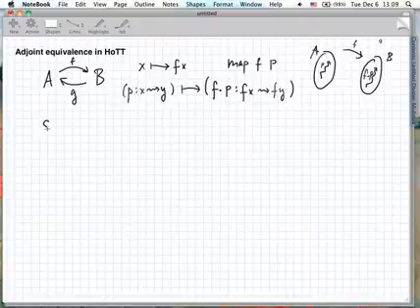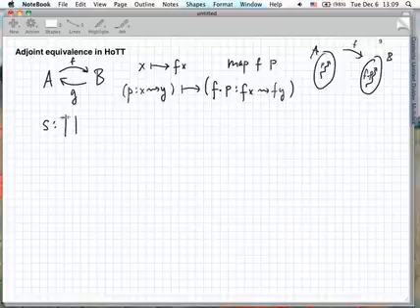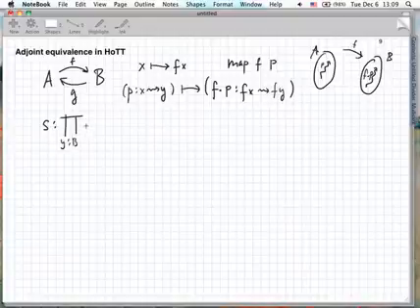So I have an S. Let me write it out now. For every y in B, S gives me a path from f g y to y.